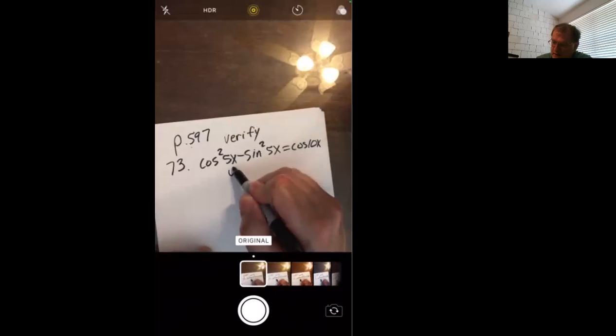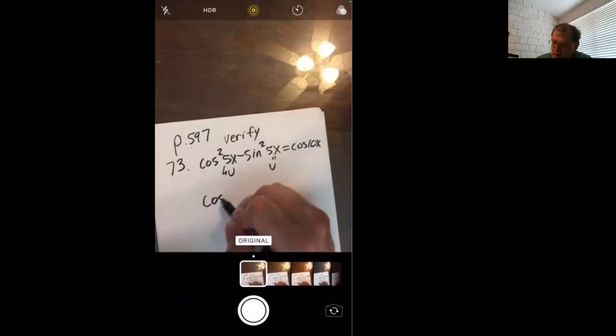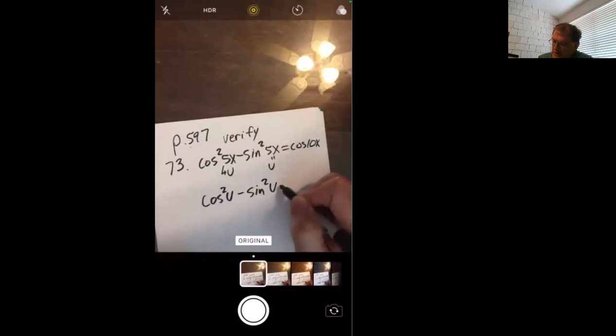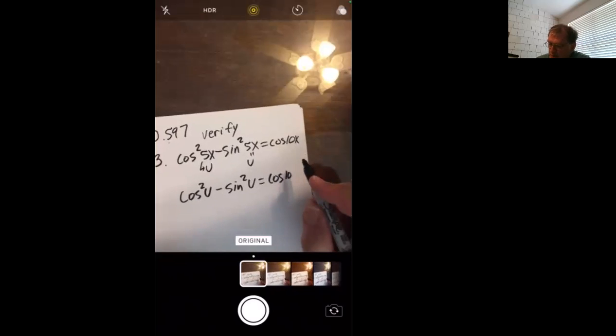Well, make this your u, and you have cosine squared of u minus sine squared of u is equal to cosine of 10x.